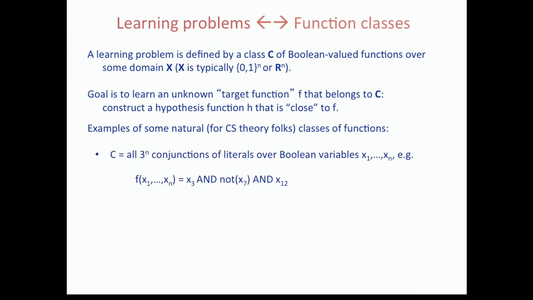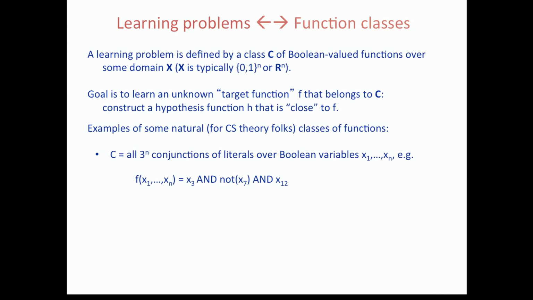Again, from a CS theory background, logically defined formulas, where we're interested in how the complexity of learning scales with the complexity of the functions being learned. That's our central concern. So we'll be thinking about classes like this. Starting small, we might think about the class of all possible conjunctions of literals over n Boolean variables. A conjunction is just a simple AND.